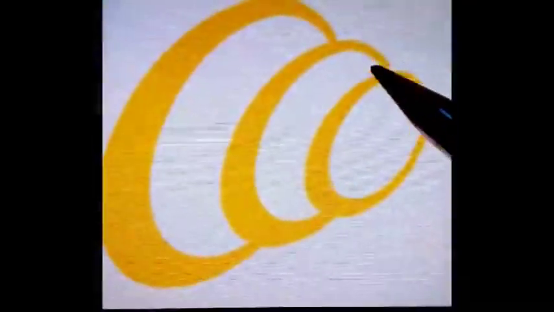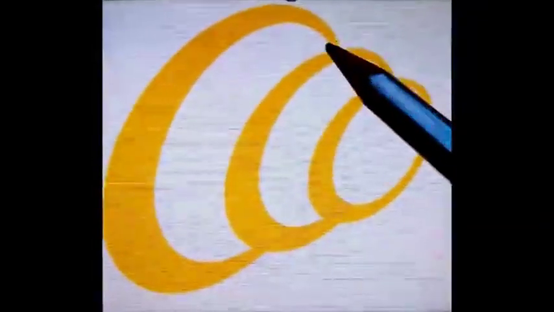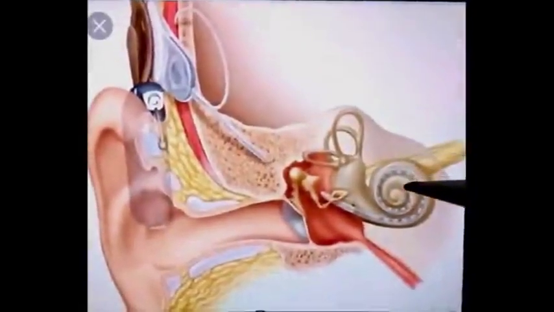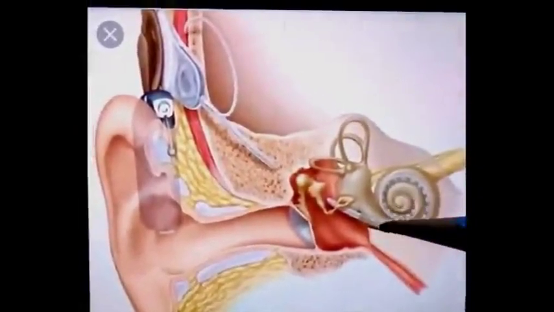So the cochlea is made up of the cochlear canal, which is a curved structure, and the cochlear canal contains perilymph in it. Modiolus is directed forwards and laterally.